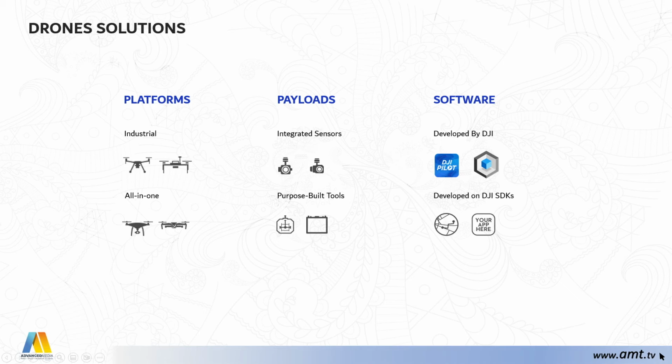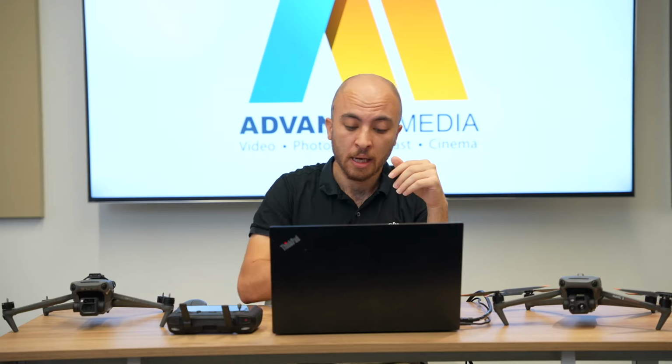And the last part is the software. We have two sides: the first is software for mission planning, and the other is for post-processing or processing the data, if needed, of course. And if needed, live streaming software. We have a solution as well from DJI. We will mention it in the next slides.